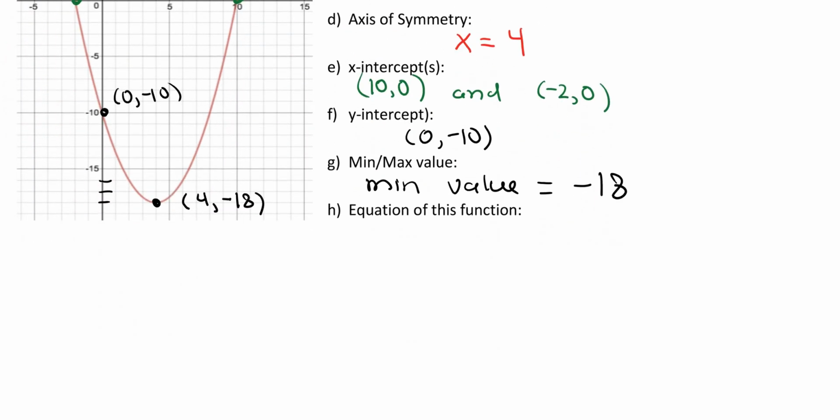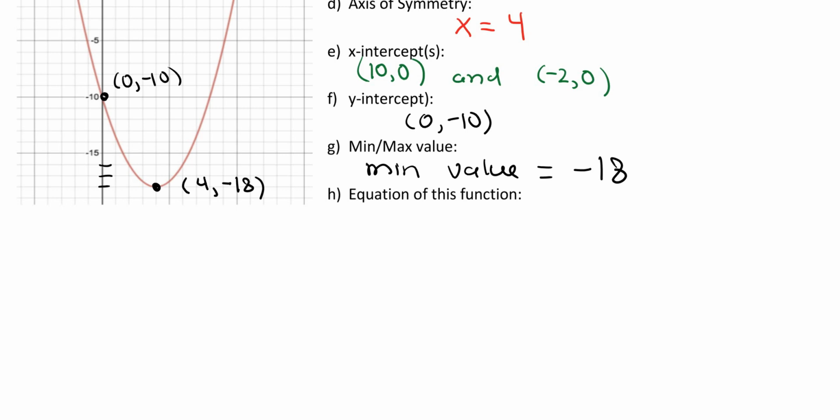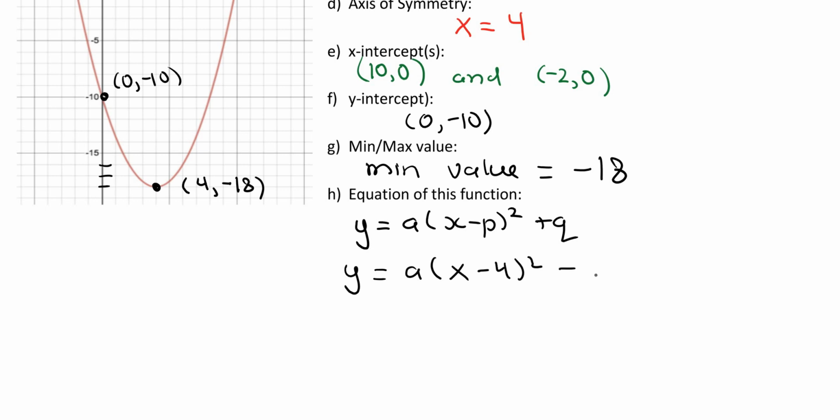Okay, so for this particular question, we know the vertex is (4, -18). So we can always start off by writing a(x - p)² + q. And since we know the vertex, we can write this in: a(x - 4)² - 18. Right, and then from here, all you have to do is look at the pattern.